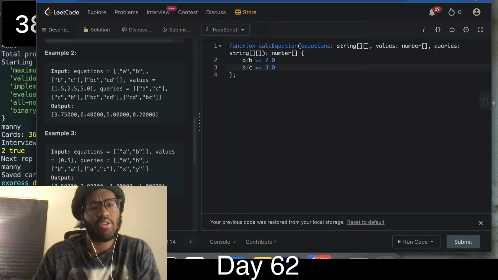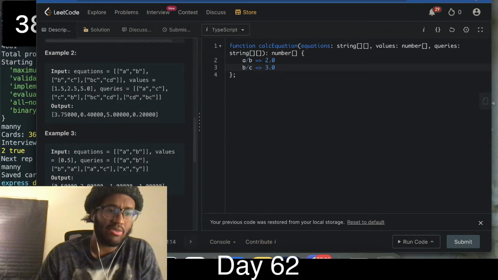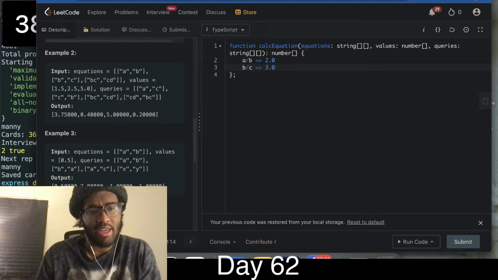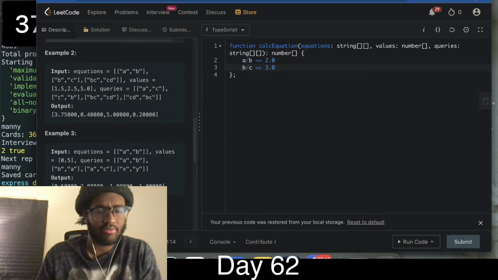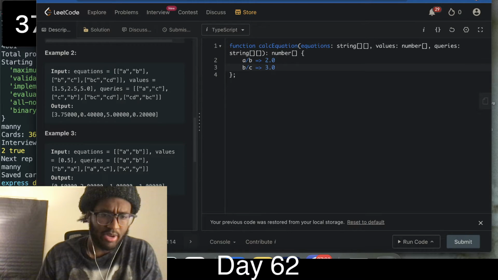And their queries are A divided by B equals 0.5, and B divided by A. Two divided by 2 is 1. 2 divided by 1, 2.